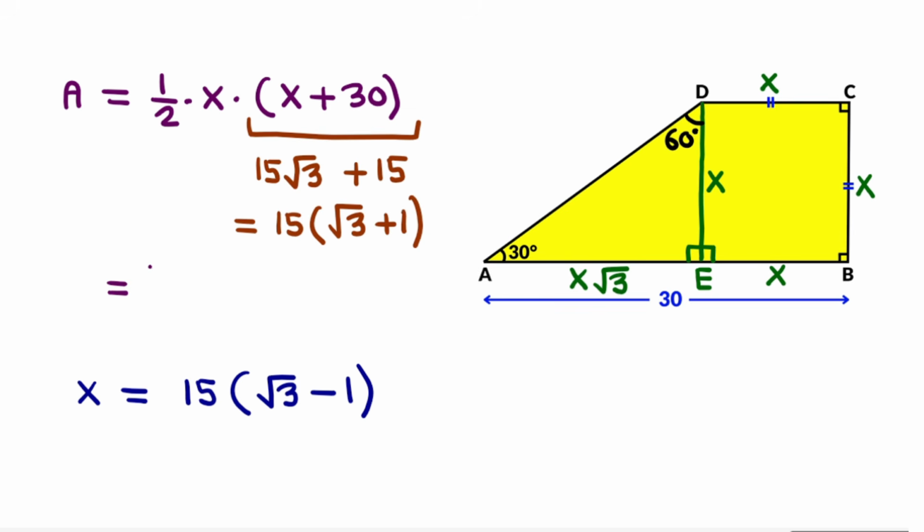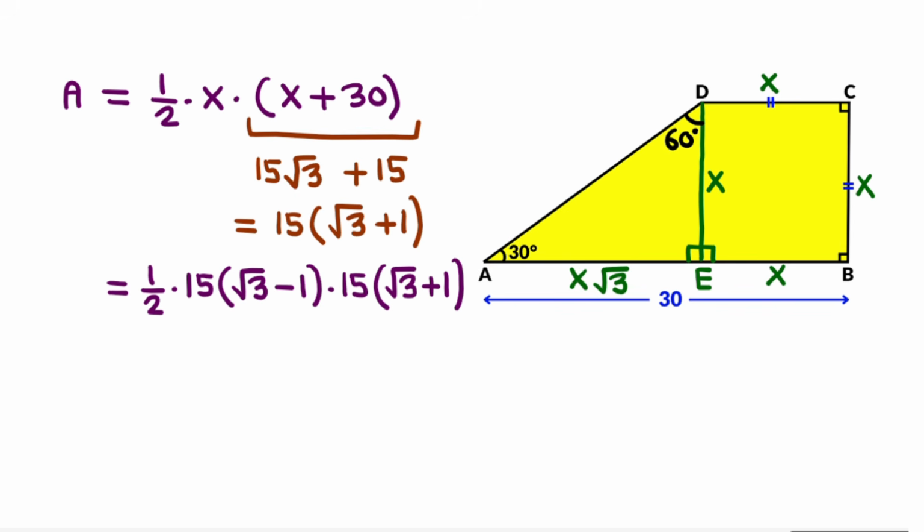Area equals 1/2 times 15 multiplied by the quantity, the square root of 3 minus 1, times 15 multiplied by the quantity, the square root of 3 plus 1. 15 times 15 is 225, and the two conjugates multiply to 3 minus 1, which is 2.